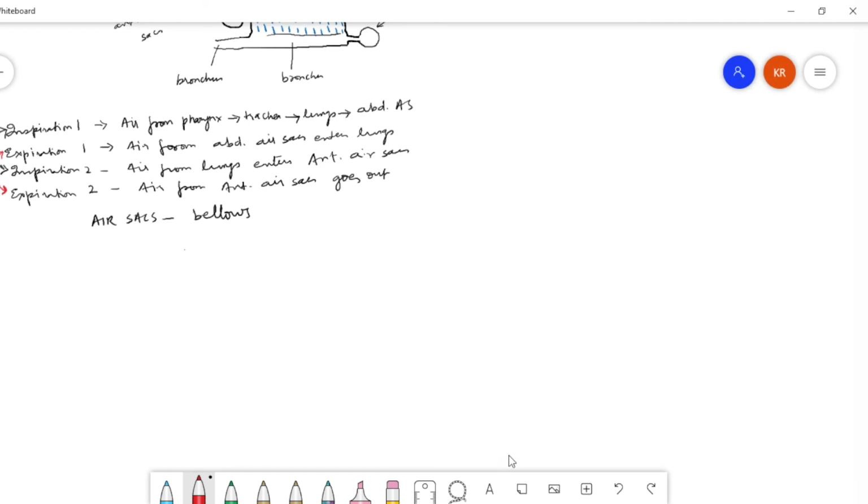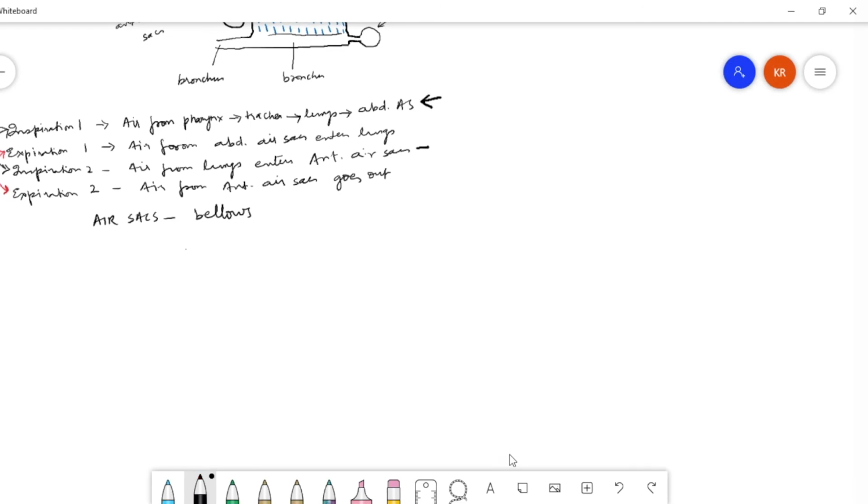So what has happened in inspiration 1? Air from outside enters the trachea, and at the same time when both the bellows are contracting, anterior and posterior, air from the lungs is entering the anterior air sacs.